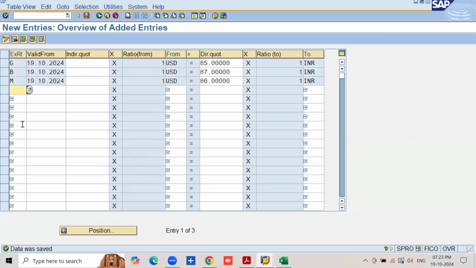Write down the table name. TCURR. Now, write some points there.